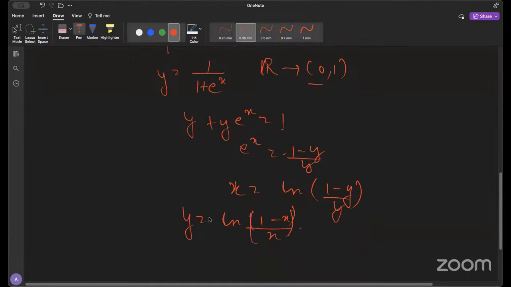This is the inverse of this function, and if you check the domain of this, it's (0, 1), right? Because it's from R to (0, 1), that's why its inverse exists and it is this. So the last option is correct too.